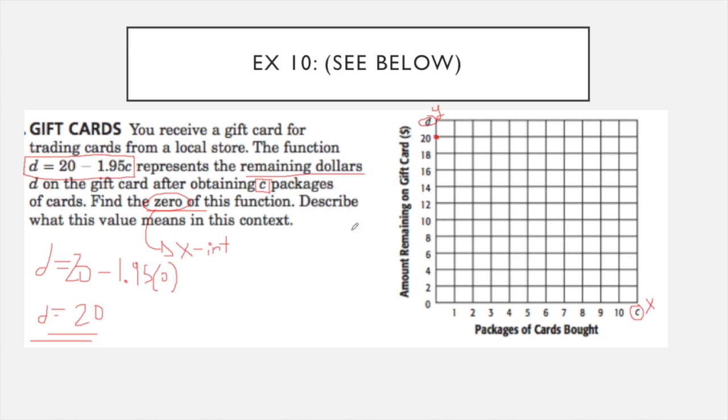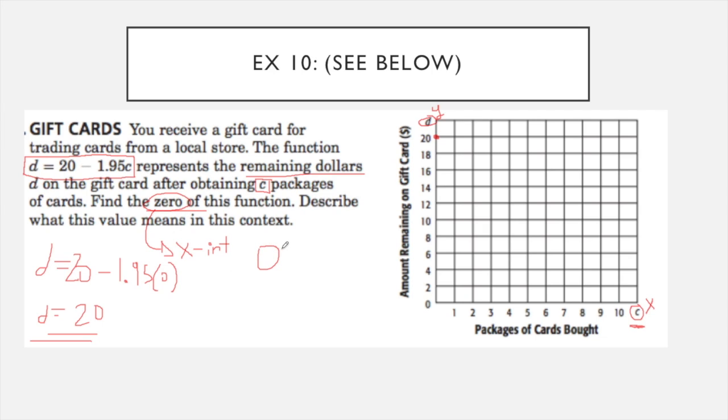Now to find the other one, we want to find the x-intercept. In other words, the c-intercept for this problem. So where will this cross on this line? To find that, on that axis, we need to find out where d is 0. So let's plug in a 0 for d and solve it for c.